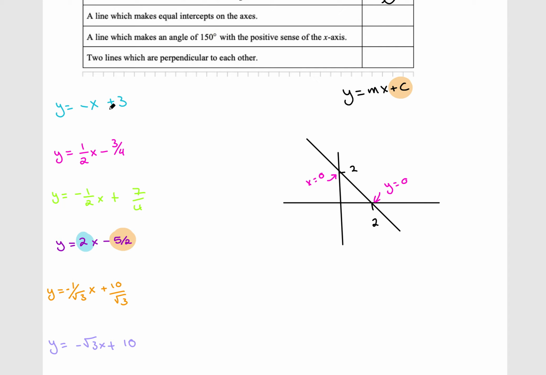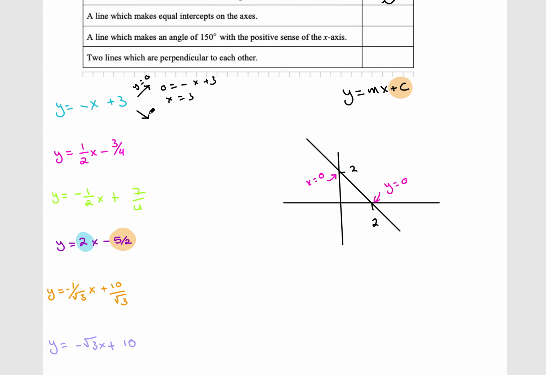So what you're going to do is sub in 0 for y here and see what you get. If I do y is equal to 0, what I get is 0 is equal to minus x plus 3, which gives x is equal to 3.